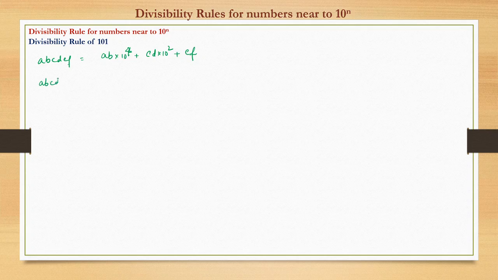So abcdef by 101 would give a remainder of, now see, 100 upon 101, remainder is minus 1. So here it's 10 raised to power 4, so basically this becomes minus 1 raised to power 2. On the even powers, remainder would be 1 in that case. So it becomes ab plus cd plus ef, right?